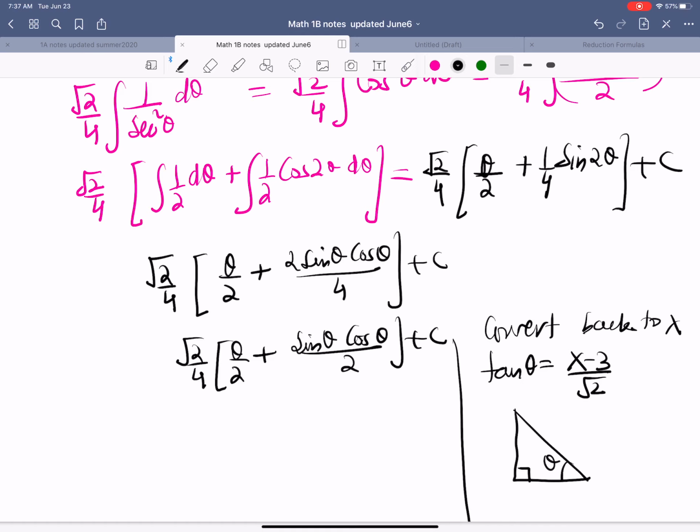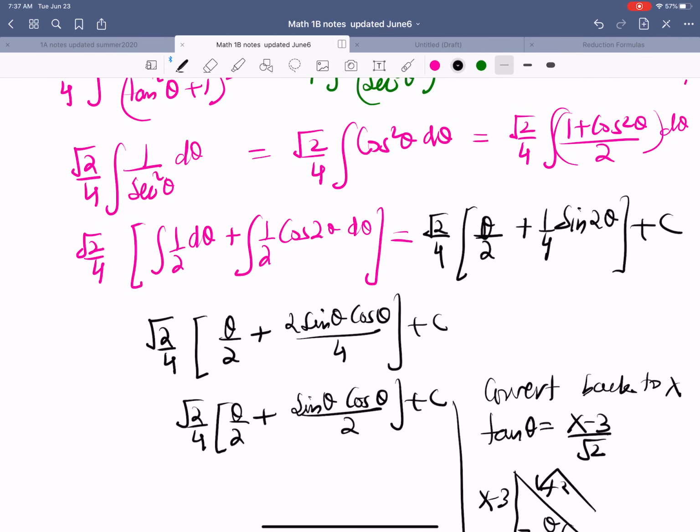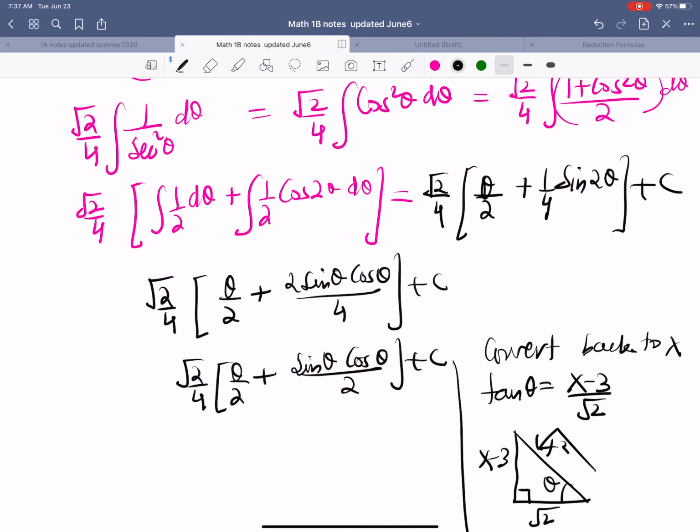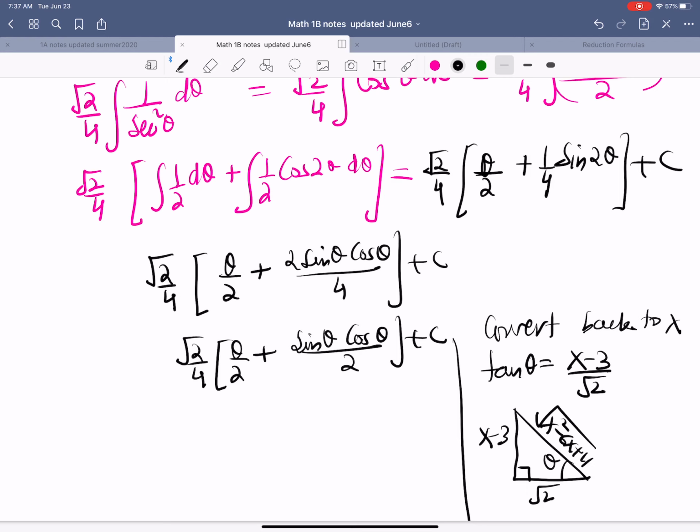Theta is here. Tangent theta is opposite over adjacent. Opposite is x minus 3. Adjacent is square root of 2. Now I need to figure out what the hypotenuse will be, because I will need hypotenuse here also. So go ahead and use Pythagorean theorem and find out what your hypotenuse is. It's going to turn out to be square root of x squared minus 6x plus 11.